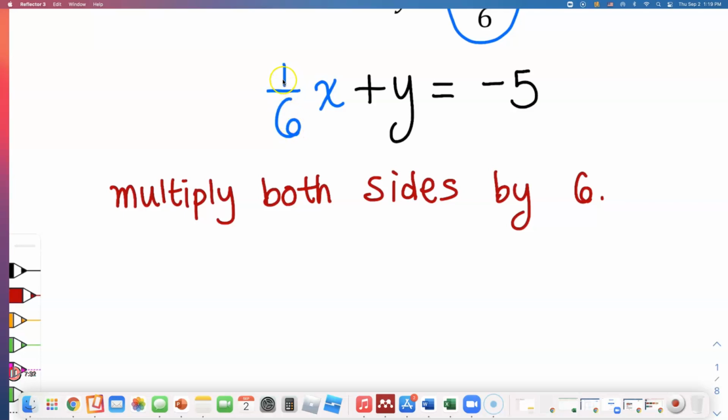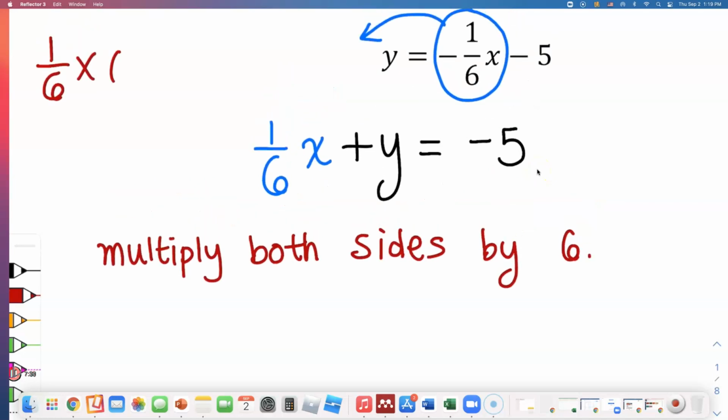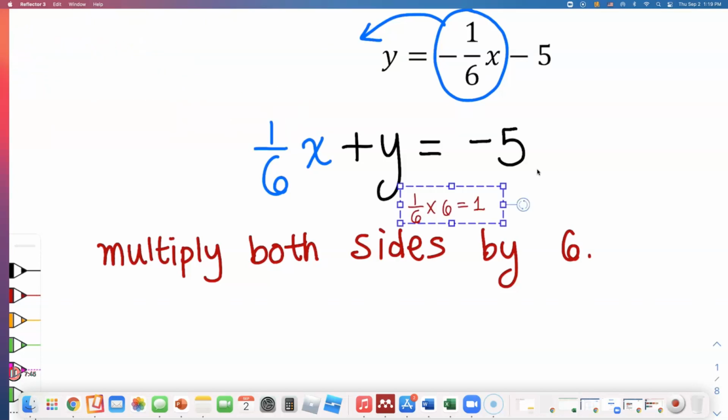If I multiply 1/6 by 6, 1/6 times 6, that's just going to give me what? 1. So that's the goal. That is why I'm multiplying by 6. If the denominator was 56, I would have multiplied both sides by 56. Whatever is in the bottom of the fraction, that is what I'm going to multiply by to get rid of this fraction.